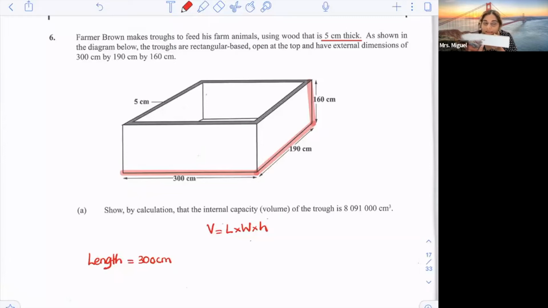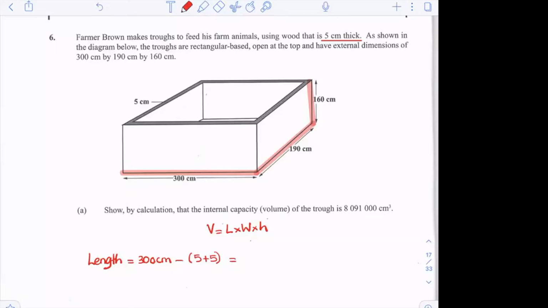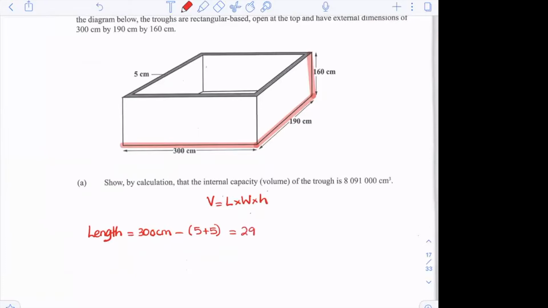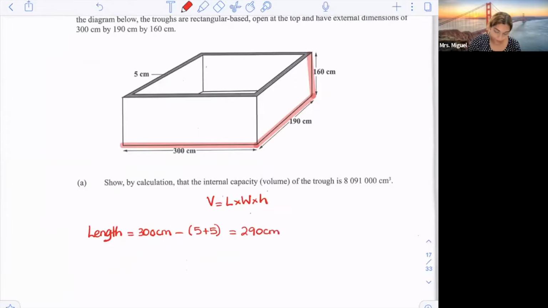So this length here will be less by 5 centimeters on this side and 5 centimeters on this side. So the length will be 300 minus 5 plus 5, because it's 5 centimeters thick on both sides. You understand that? Yeah, miss. So what would be the actual length? 290.